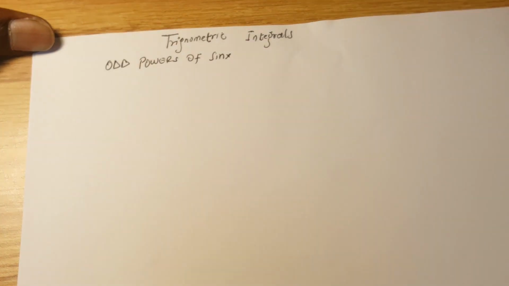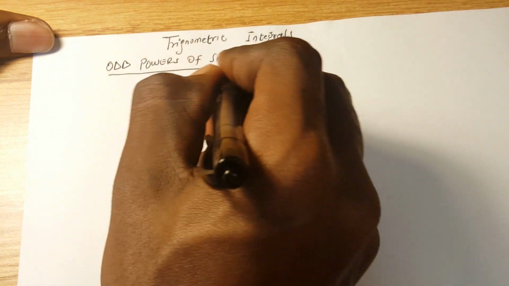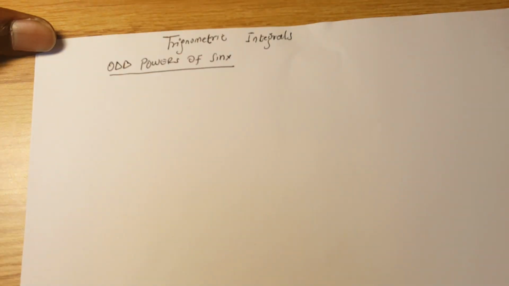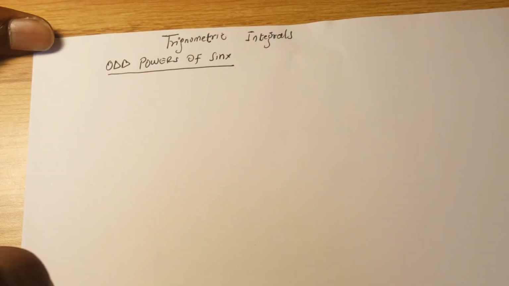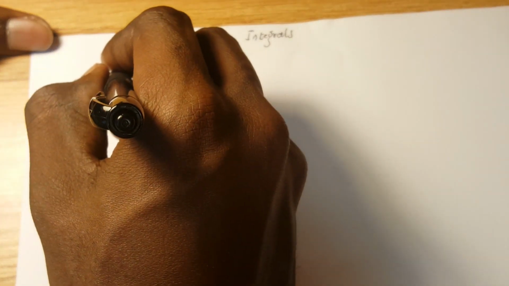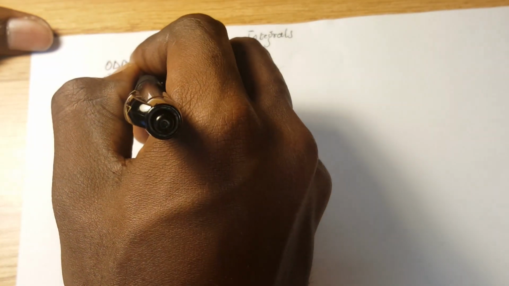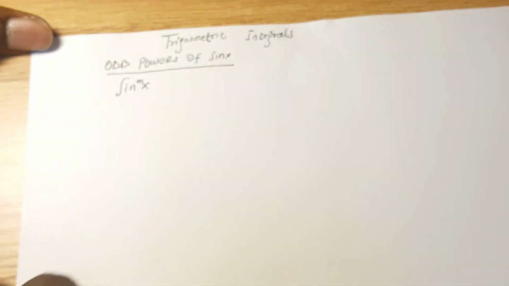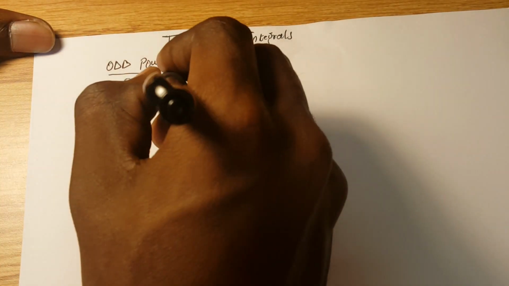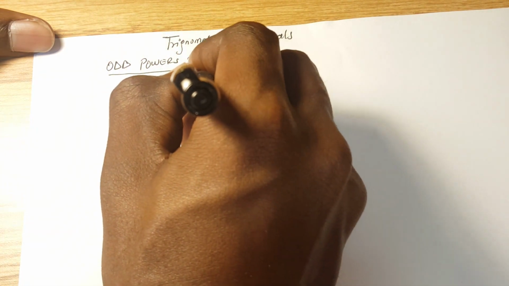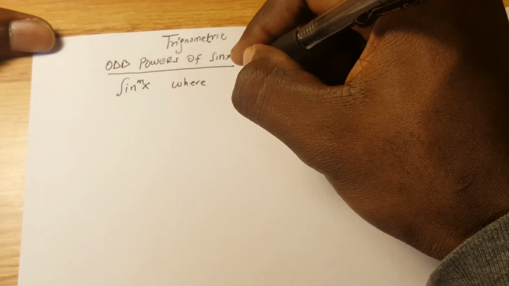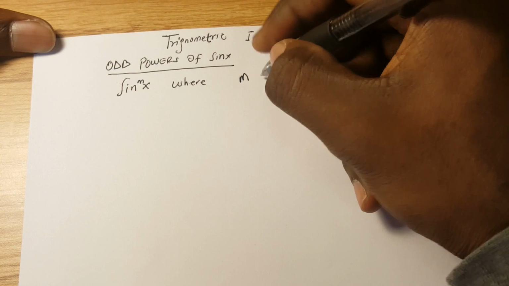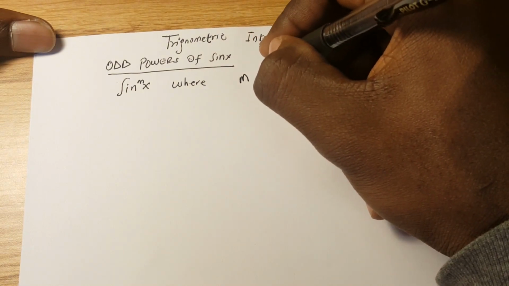So in this case, if you see sine to a certain power, let's say m, where m is odd.